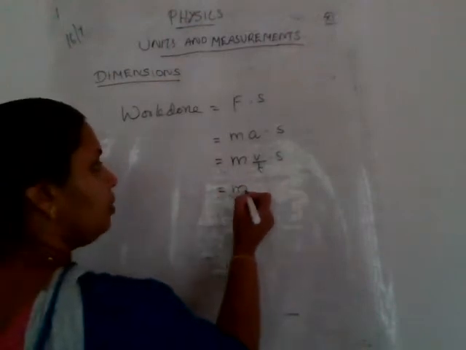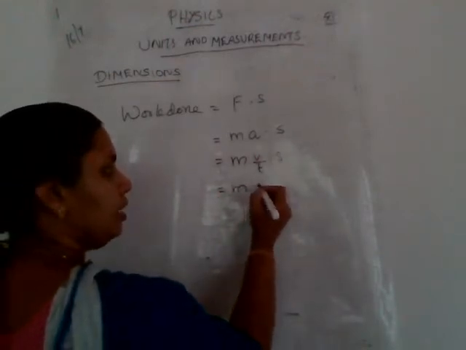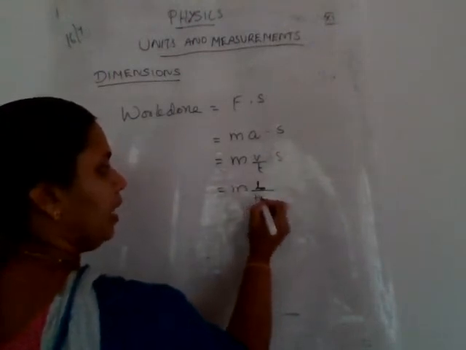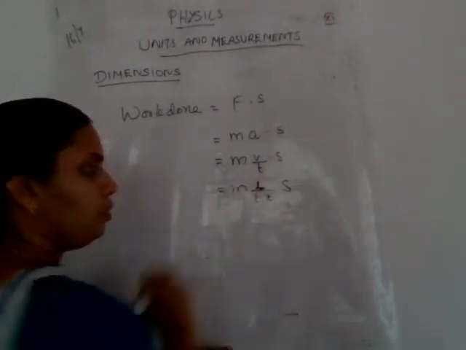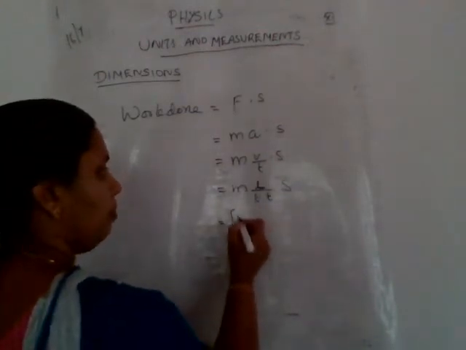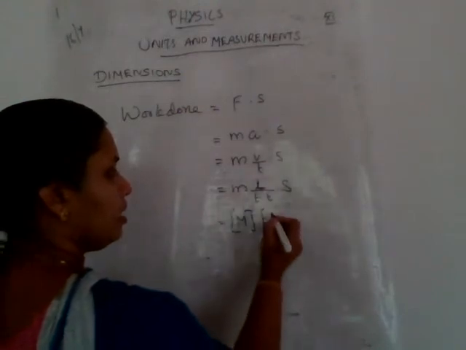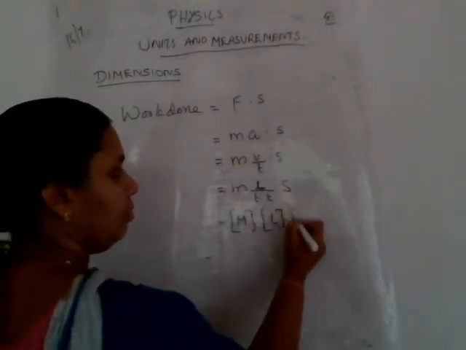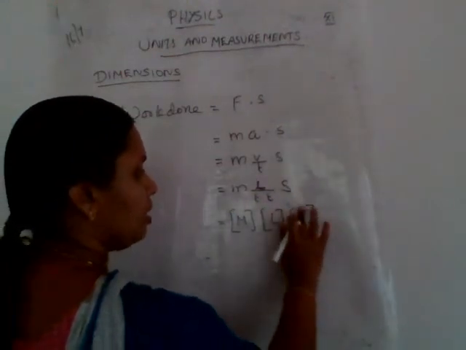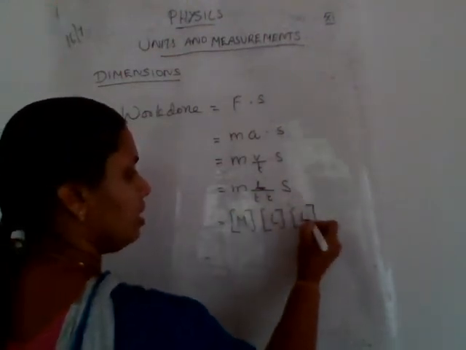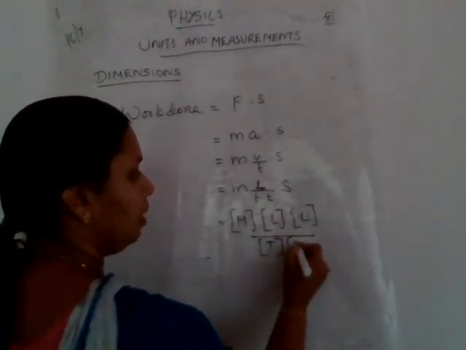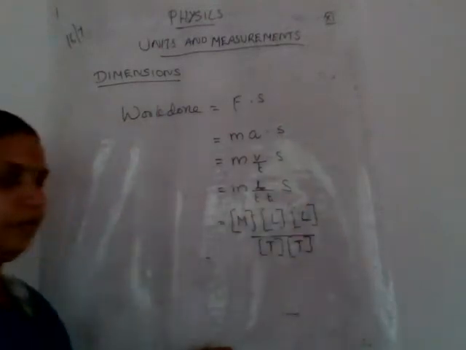That is mass into velocity, which is distance divided by time, length by time, into time. Then write the dimension. Mass it is M. Distance it is L. Then time it is T, and one more T.